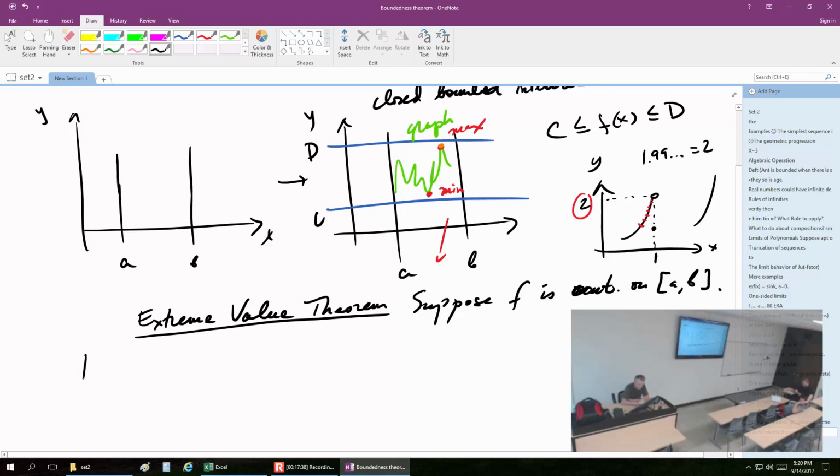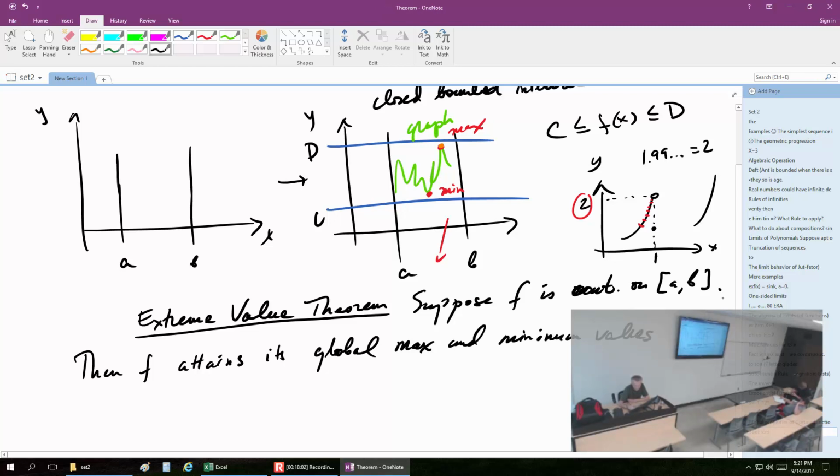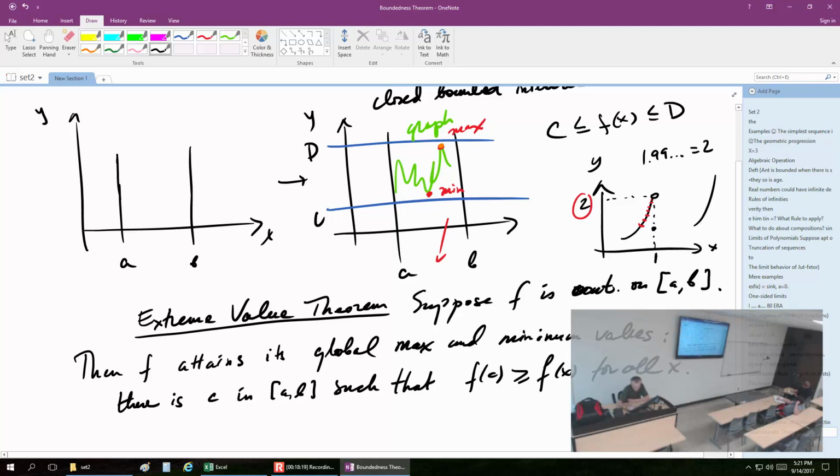But if the function is continuous, then we are good, and we say that f attains its global maximum and minimum values. In other words, there is a c in [a, b] such that f(c) is larger than or equal to f(x) for all x in [a, b].